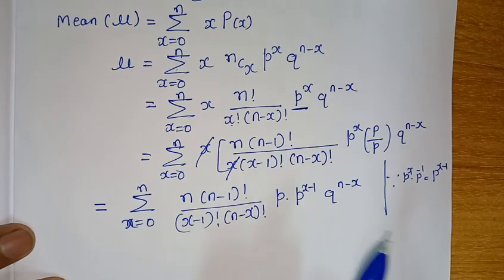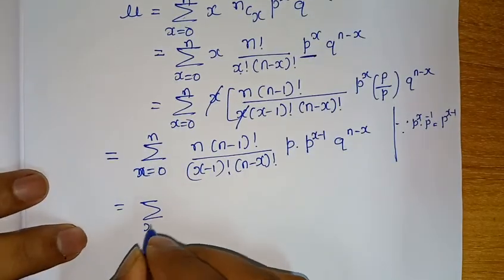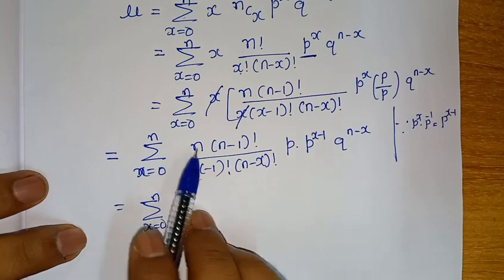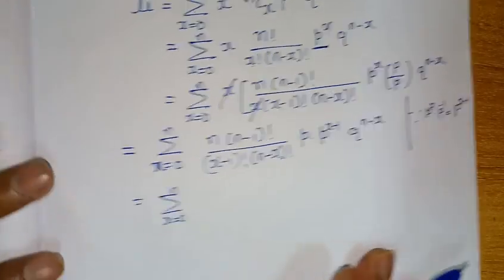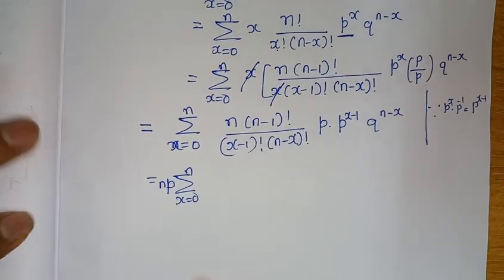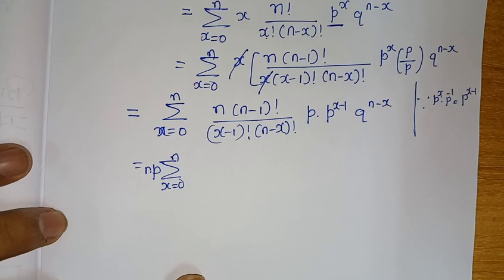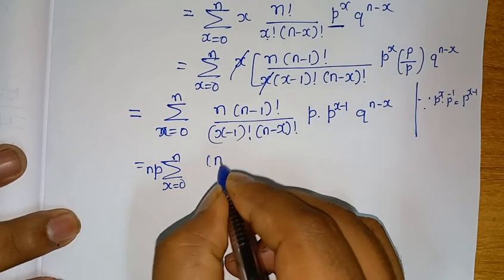Now if I simplify it further, summation x equal to 0 to n. This n and p I'll take out from this summation. I'll just write n and p outside because both are free terms here. If I write n and p outside, what are the terms we are left with?